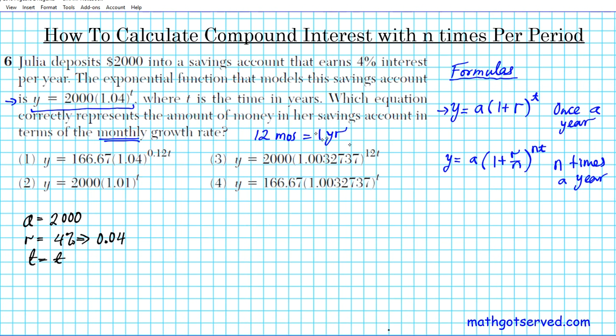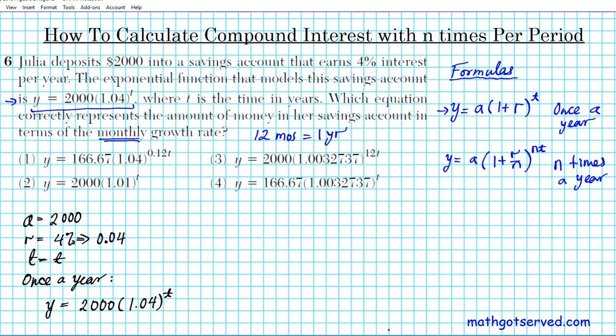So if you're doing it once a year, you're going to have y equals a, which is 2,000, times 1 plus 0.04, which is 1.04, raised to the t power.